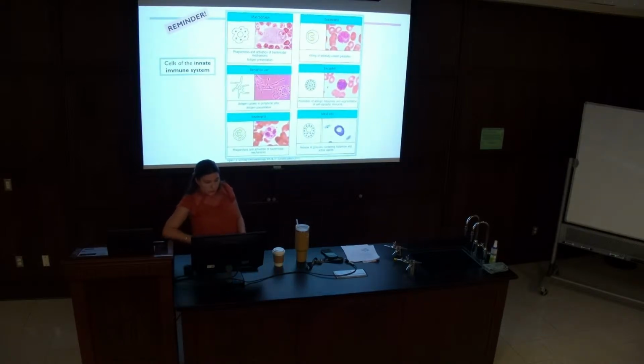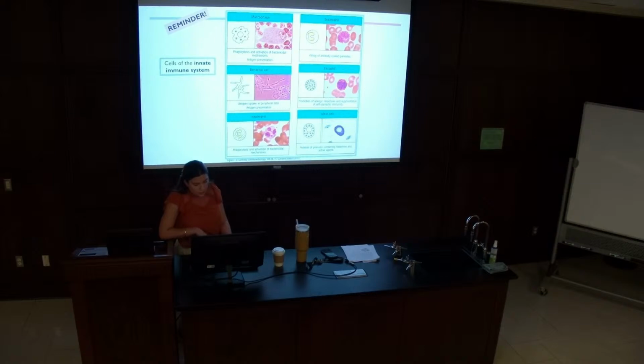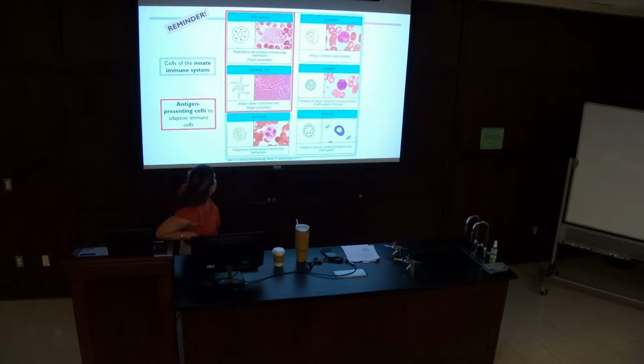So just to remind you, the cells of the innate immune system, we've talked about a lot of these, short of a few, like NK cells, but macrophages, eosinophils, basophils, mast cells, neutrophils, dendritic cells, these are all cells of the innate immune system. And the antigen-presenting cells that present to the adaptive immune cells are these two that we talked about, macrophages and dendritic cells.